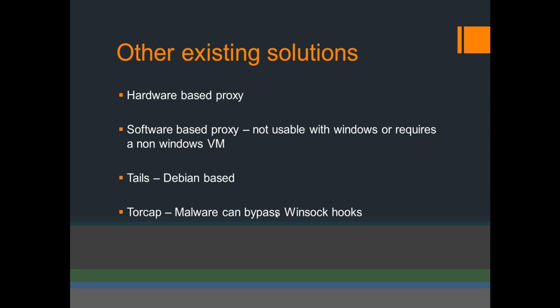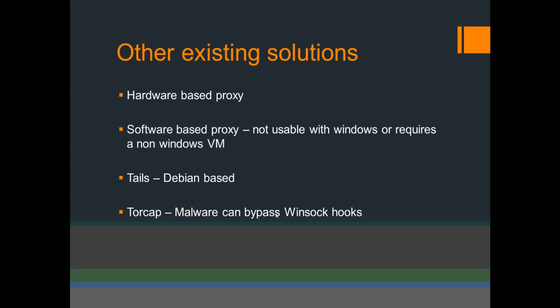So there are some existing solutions outside of what the guys at CrowdStrike came up with. There's hardware-based proxies, but again, there you're going to need to actually go out and buy the hardware. There's software-based proxy, which is usually not usable with Windows, or requires that you use a non-Windows VM, so an extra non-Windows VM that's going to take up more of your memory and things like that.